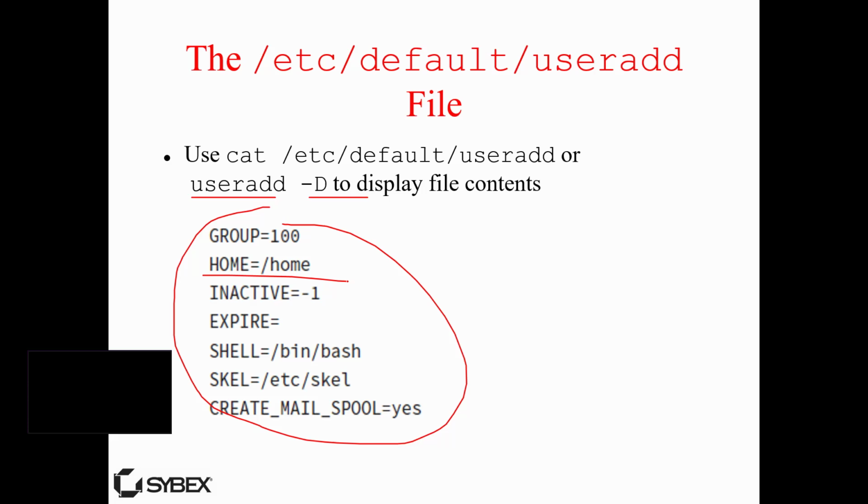So Tony's home directory will be /home/Tony. Johnny's home directory will be /home/Johnny. So this is /home, just the top level of the home directory. And there's a skeleton directory. There's a shell, /bin/bash.